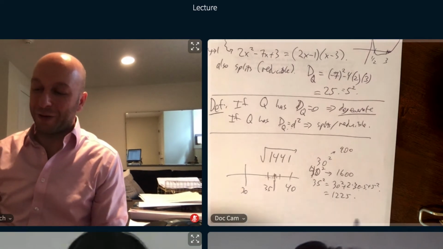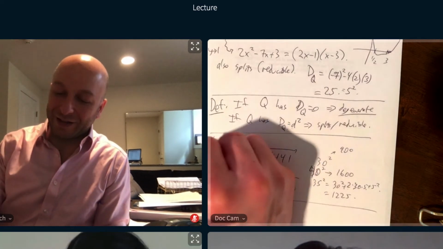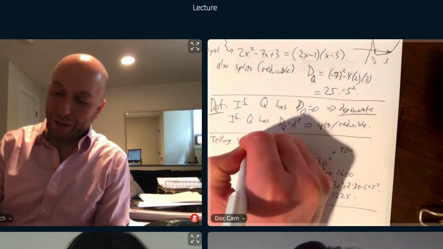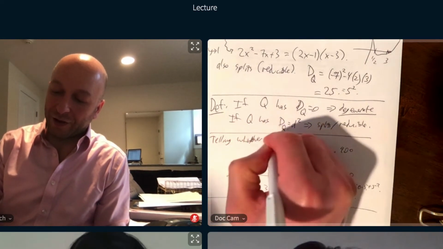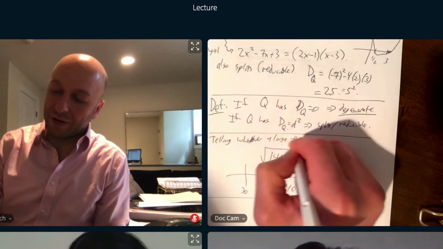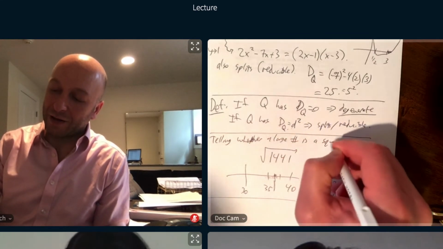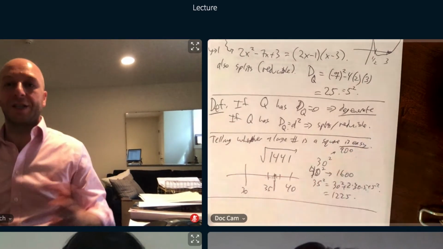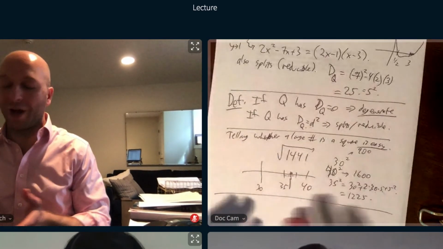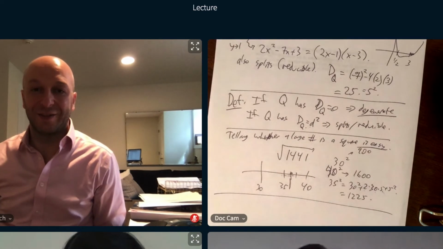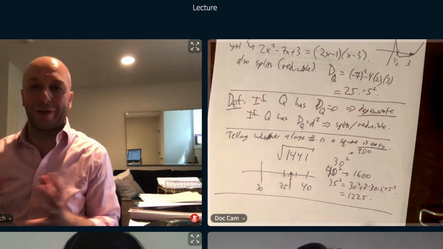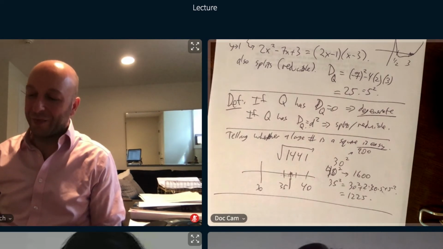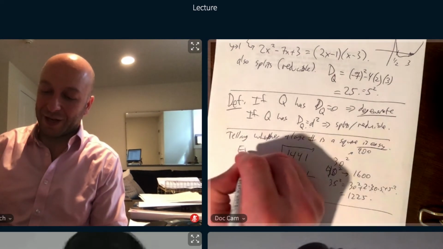So the whole point is that telling whether a large number is a square is easy. It's as easy as multiplying two large numbers. It's an operation on the digits. So it's in polynomial time in the logarithm of the size of the number. Okay? This was an example.